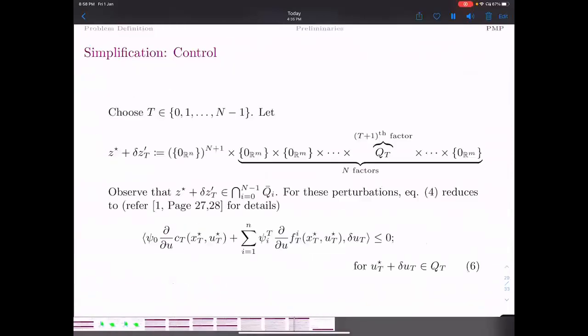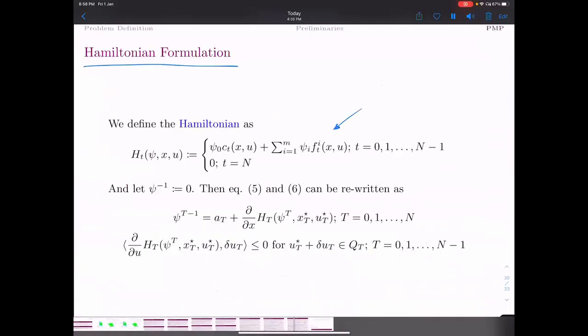What happens is that now, based on those conditions that you had, you can define a Hamiltonian as you have here at each stage t, and then you can talk of multipliers, and depending on how these tents are, you can talk of a constraint of this form.